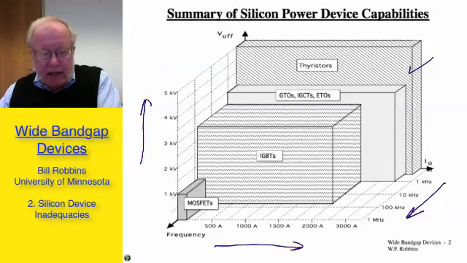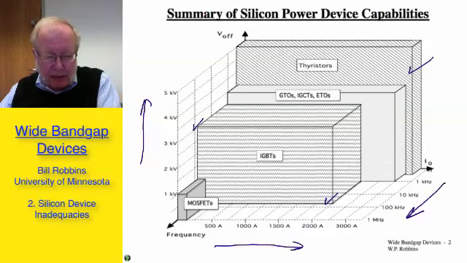GTOs and the related devices, integrated gate commutated thyristors and emitter turnoff thyristors, also are fairly slow, though somewhat faster than the thyristors, and they have fairly high voltage and high current capabilities. Next we see IGBTs, which encompass a very wide range of capabilities, up to several kilovolts, as I'm showing here, and capable of fairly large currents on the order of a couple thousand amps, and switching frequencies between 10 and 100 kilohertz, depending on the exact IGBT you're talking about.